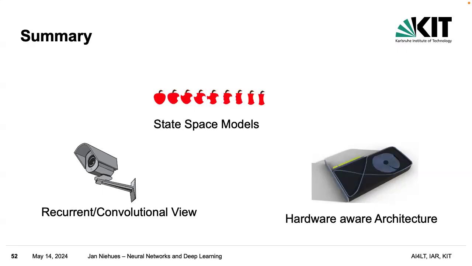Then you can use the recurrent view and don't have to store the full memory. We've also seen that you can do hardware-aware architectures, and a big motivation for these types of models was to directly address the needs of current GPU hardware.